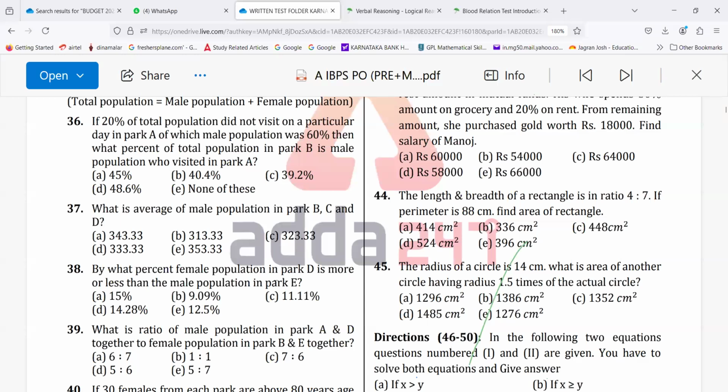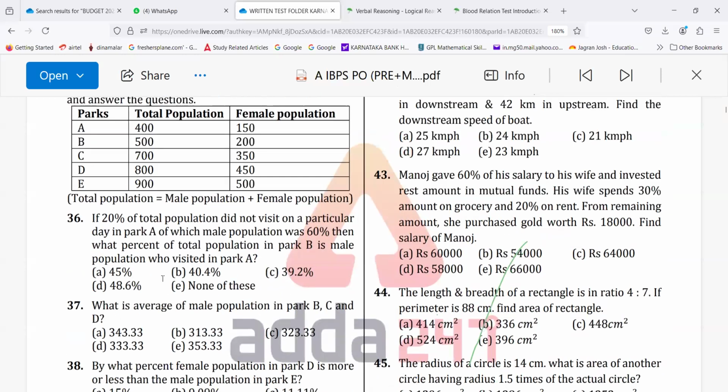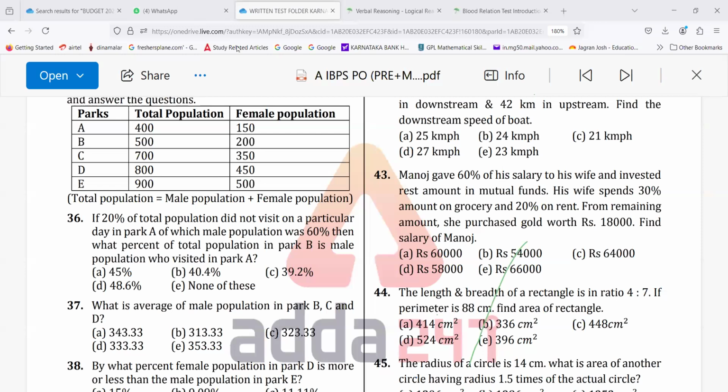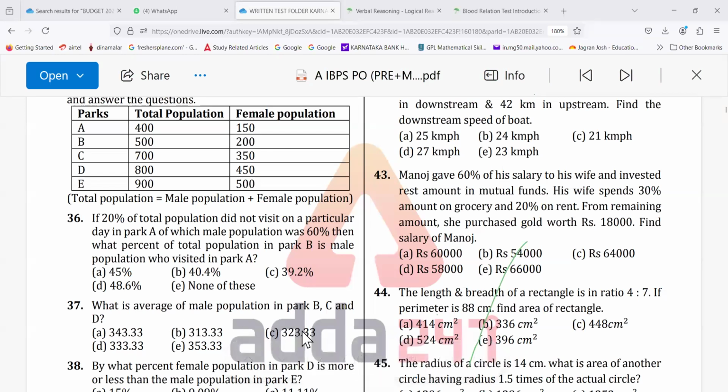What is the average of male population in Park B, C, and D? That is not tough. It is easy. Option D, sir. How did you arrive at this?